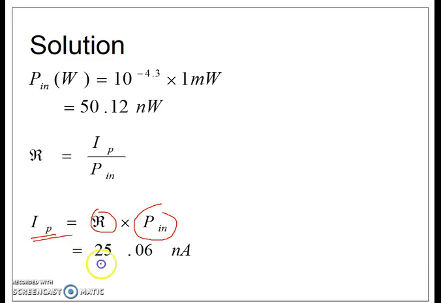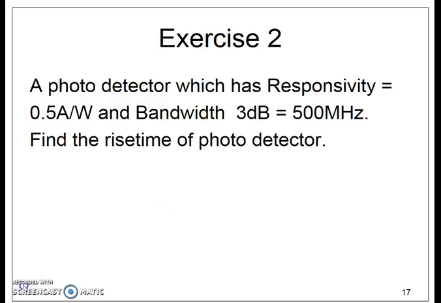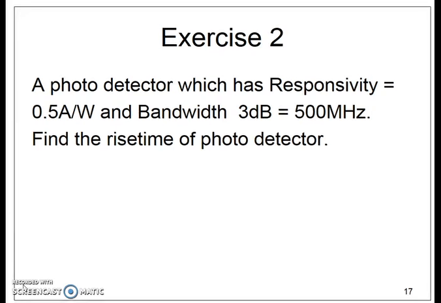So IP is given by 25.06 nanoampere. For exercise number 2, a photodetector which has responsivity of 0.5 A over W and a 3 dB bandwidth of 500 MHz, the same question, but this time we need to find the rise time of the photodetector.